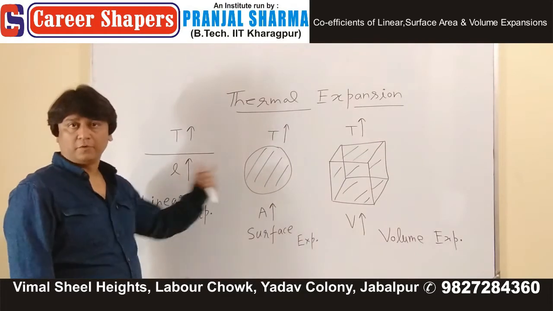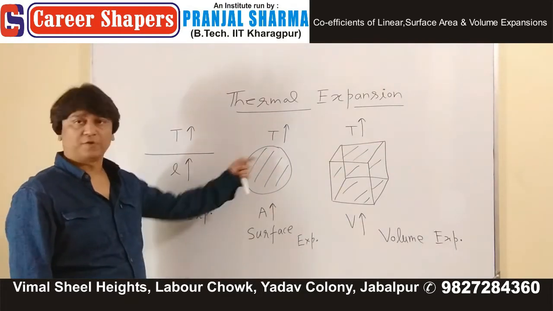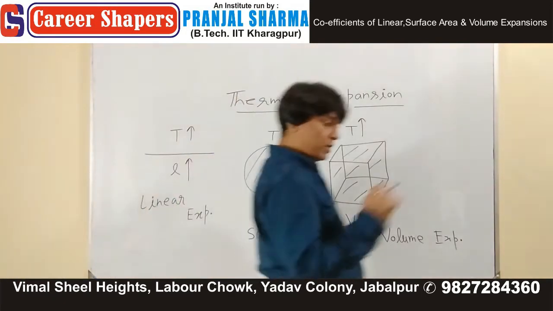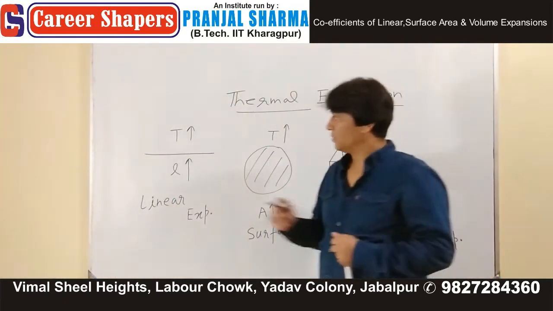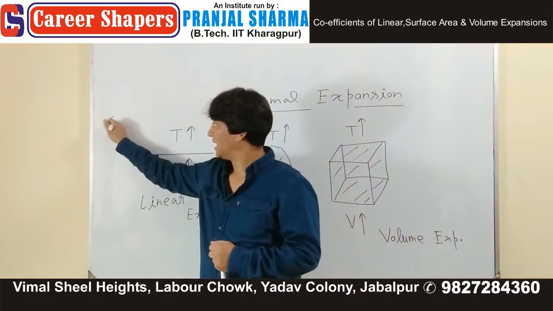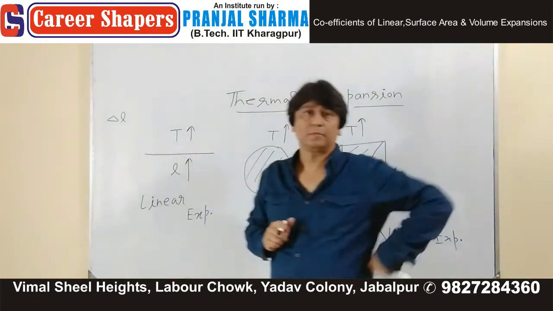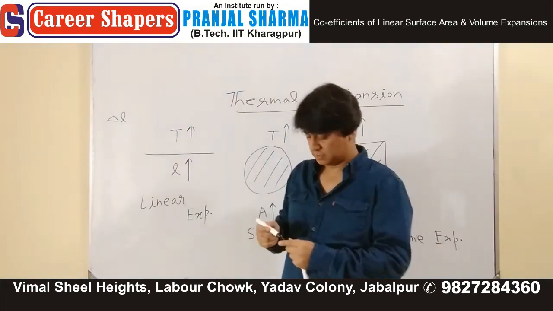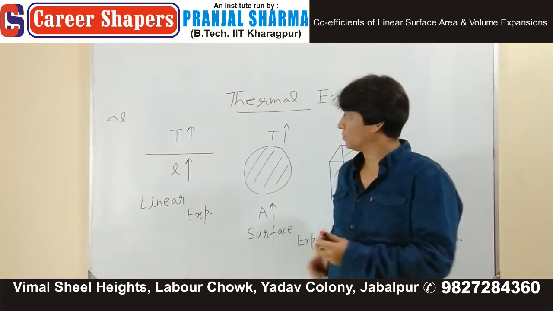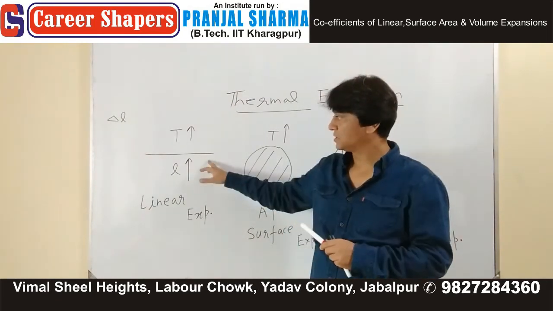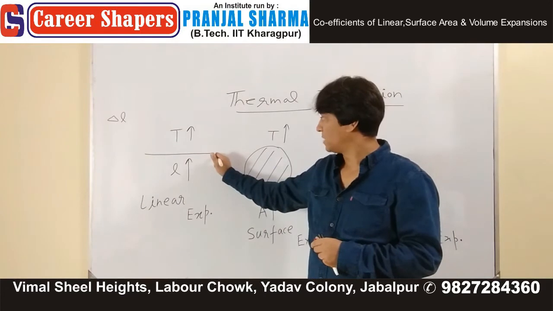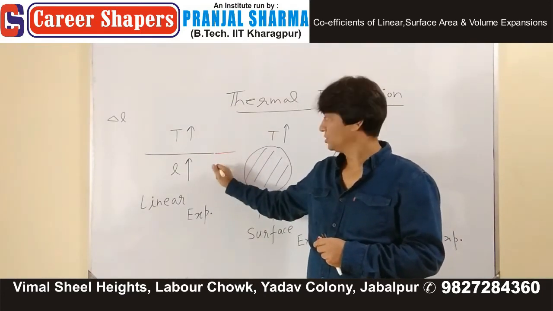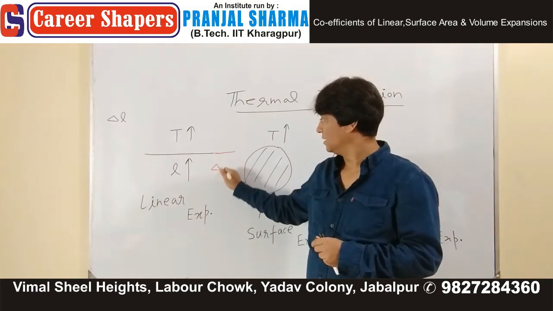Linear for the length, surface for the area, volume, you know about it. Now, what is observed? The change in length from L increases by this much, by delta L.